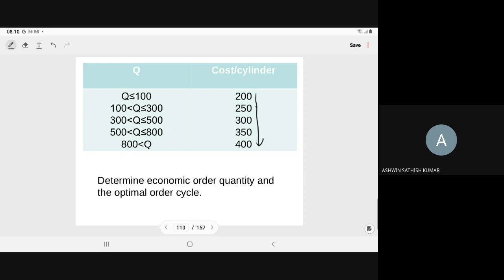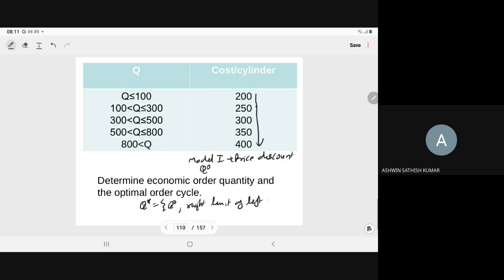In this case, I am giving you a hint: this problem belongs to model 1 plus price discount. In this, after computing the Q naught, Q star will be either the Q naught or the right limit of the left interval.